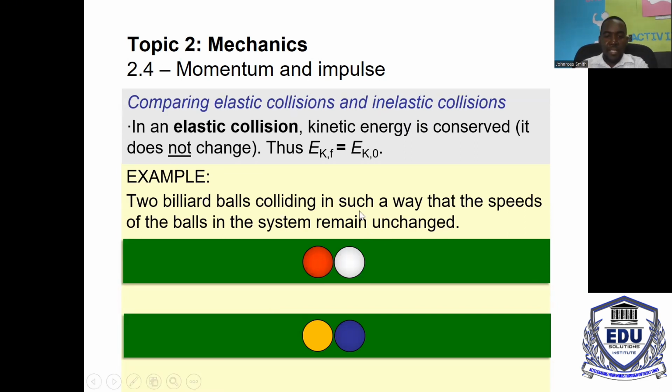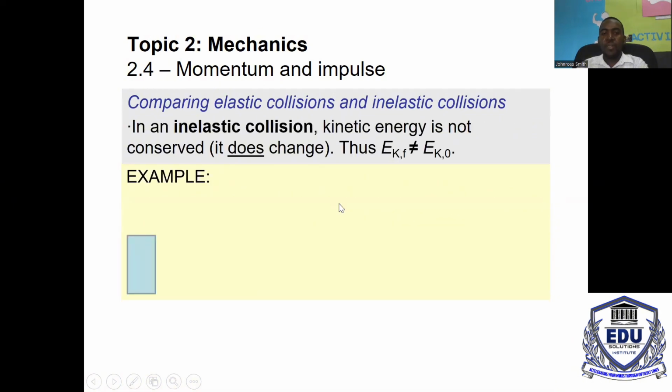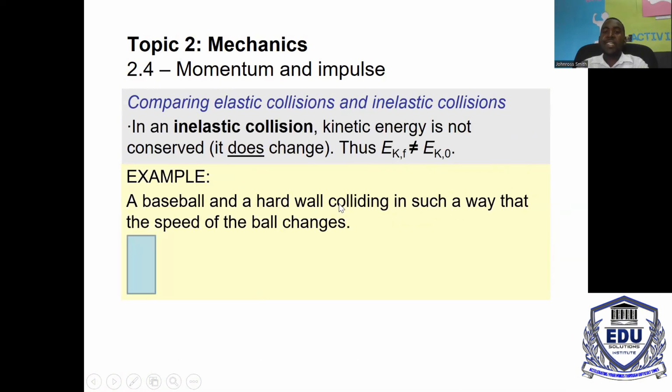So in elastic collisions, the kinetic energy does not change, right? But in an inelastic collision, the kinetic energy is not conserved. That means the kinetic energy it had before is going to be greater than the kinetic energy it has after they collide. The reason for this is that due to the sticking of these objects, they're going to lose motion.